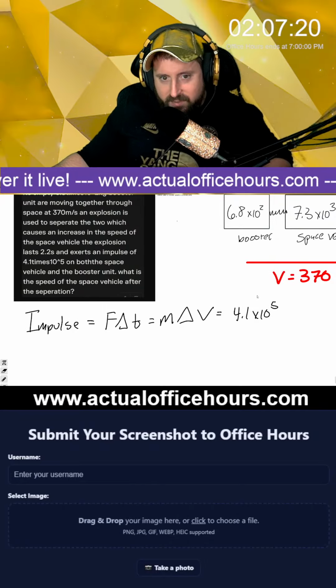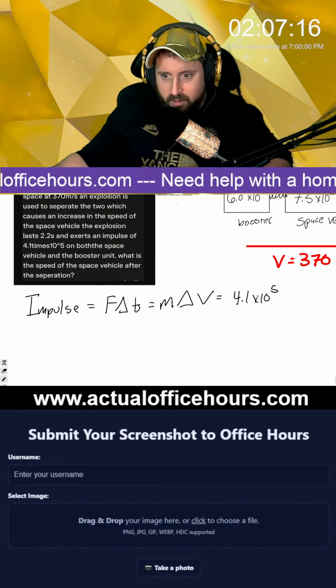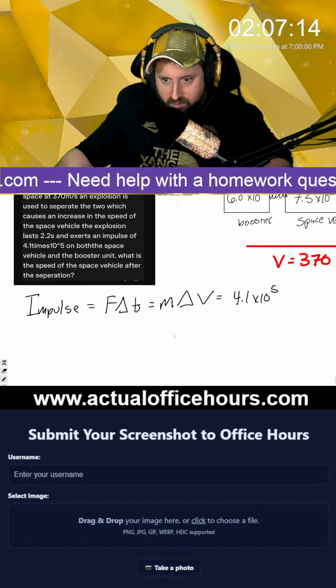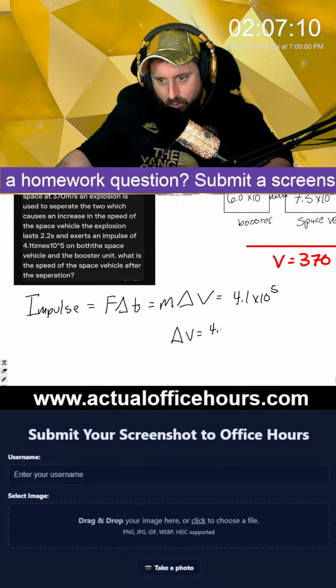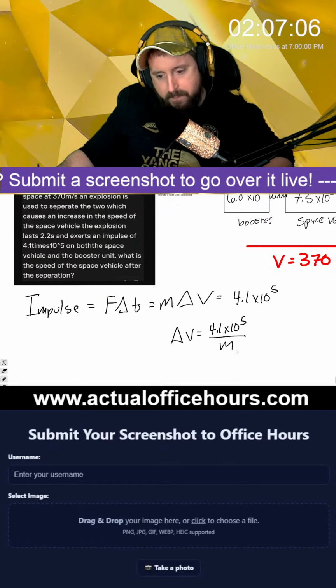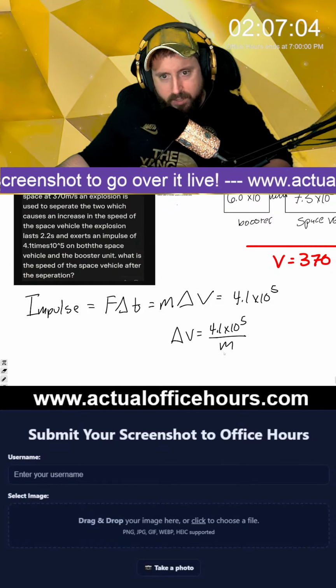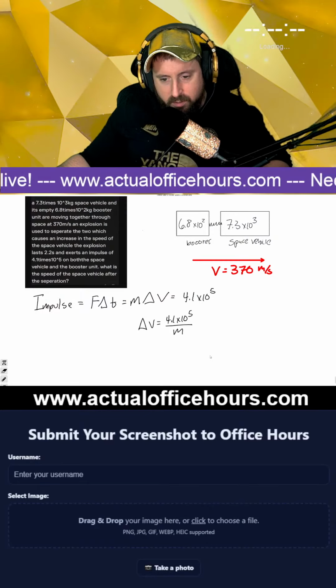Very cool. Wait, do I need the 2.2 seconds then? I don't feel like I need it, because then delta V is just equal to 4.1 times 10 to the 5th over M. And that's for each object, right? What is the speed of the space vehicle after the separation?